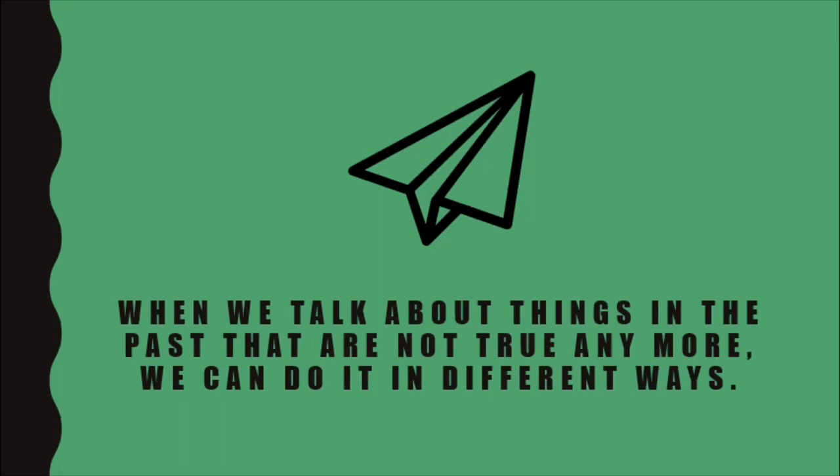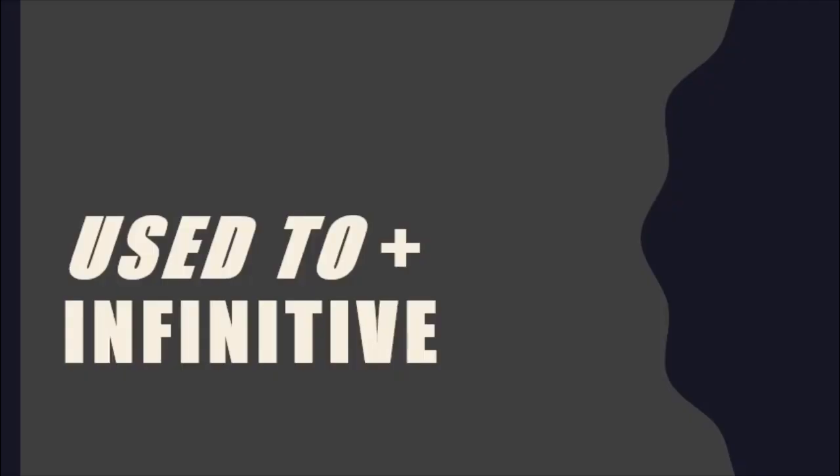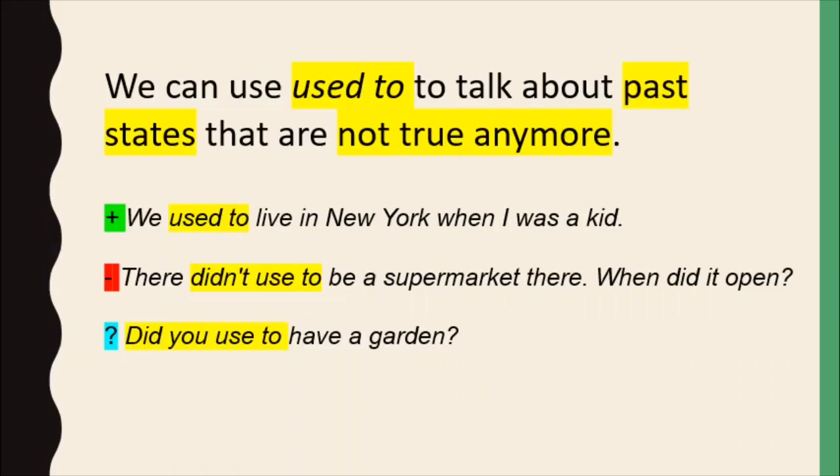When we talk about things in the past that are not true anymore, we can do it in different ways. The first one is using used to plus infinitive. But Miss, tell me, how can I use used to? Okay, we can use the verb used to talk about past states that are not true anymore.